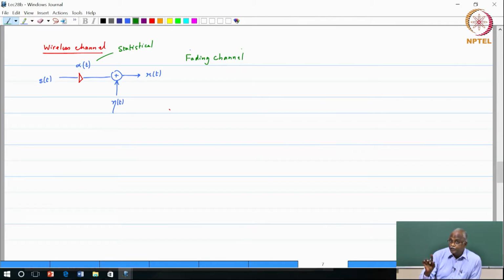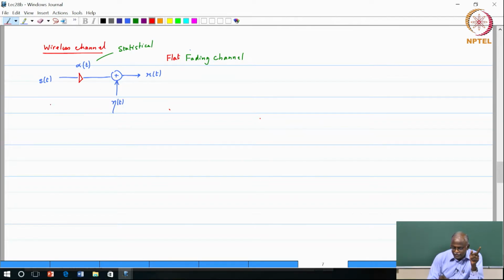but it is not dispersive. So therefore in terms of the frequency spectrum, it is flat. Let me just make sure what is flat.